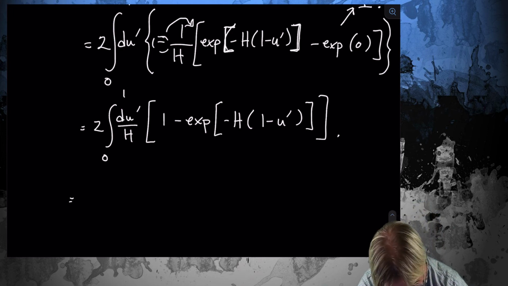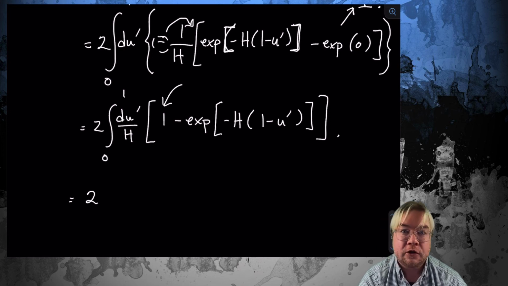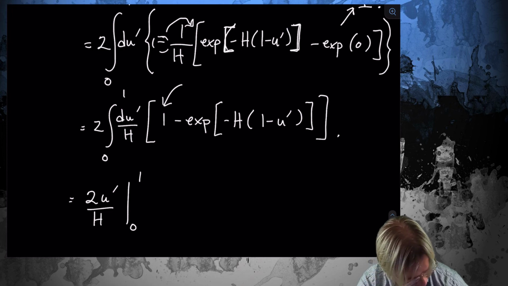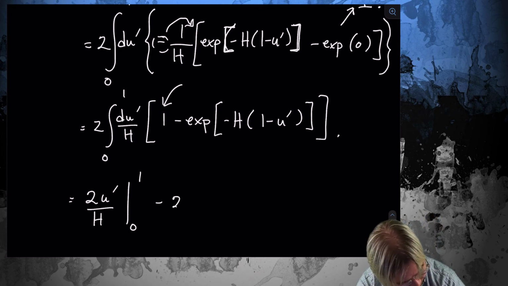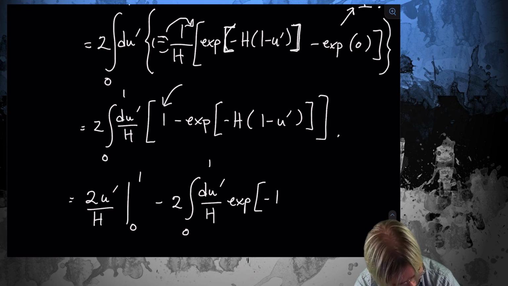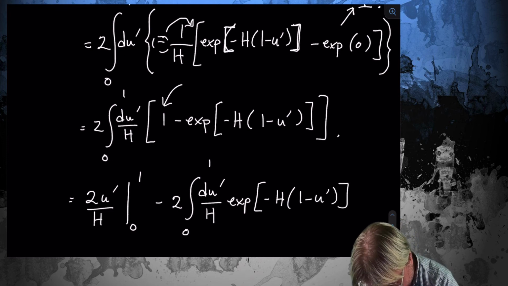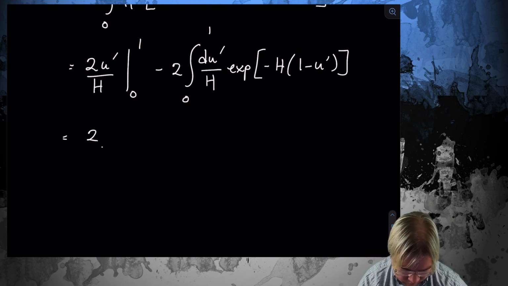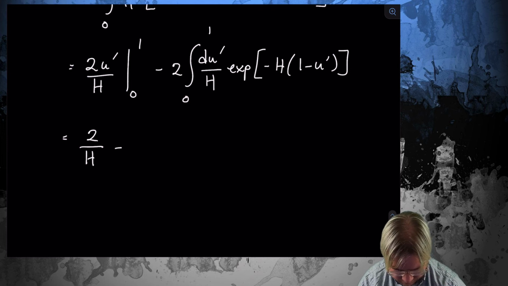So for the first term, we get 2 u prime over h evaluated from 0 to 1. And then the second integral is minus 2 times the integral from 0 to 1 of du prime over h times the exponential of minus h times 1 minus u prime. Almost there. So this is 2 over h and then minus 2.